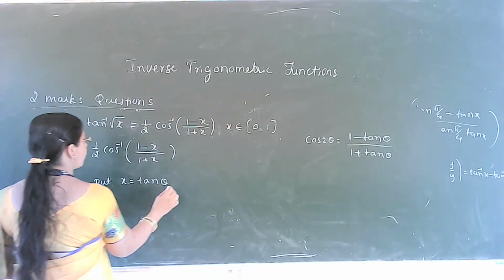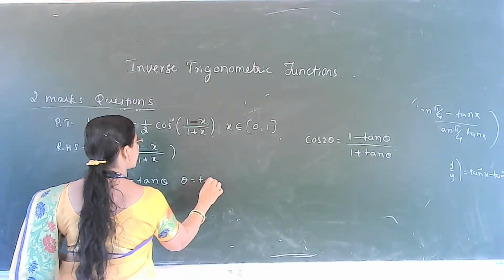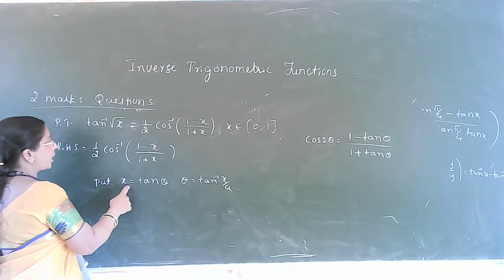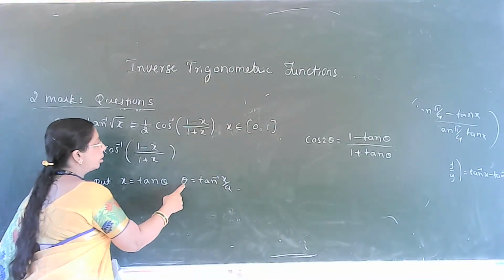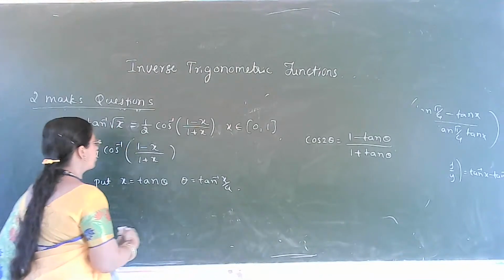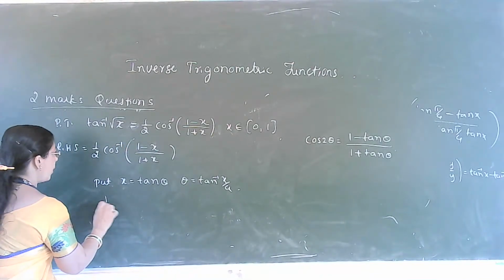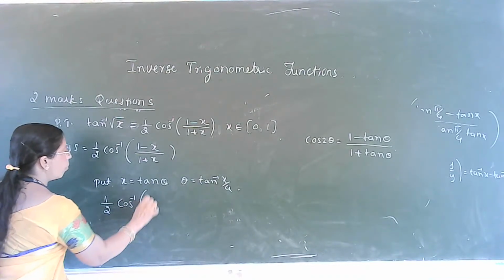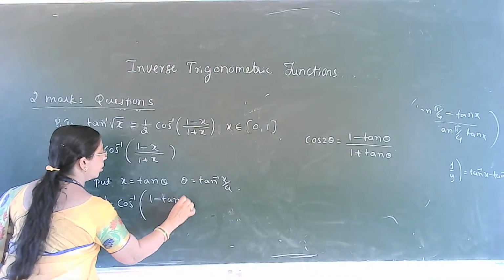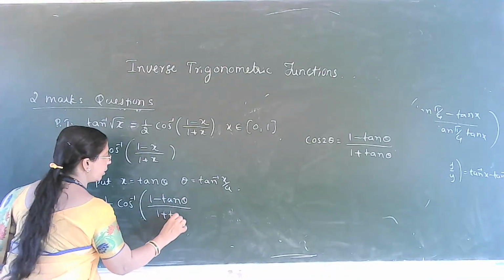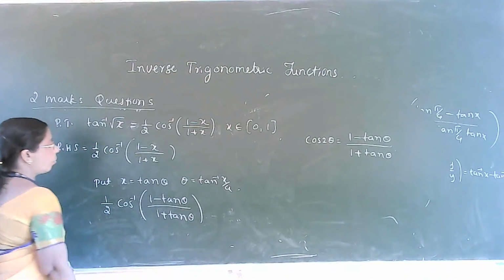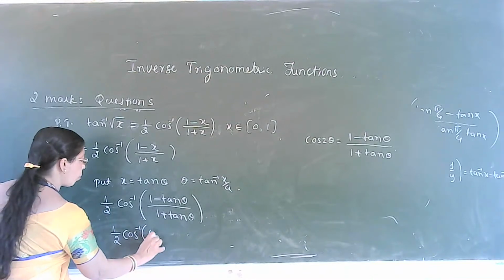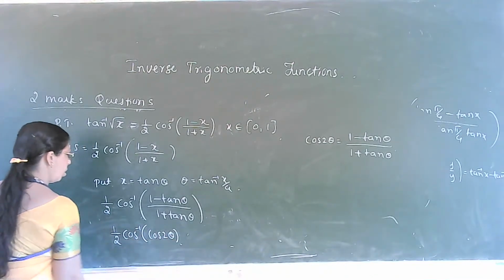Then theta is equal to tan inverse of x by a. Always you write x equal to tan theta, theta in terms of x also. 1 by 2 cos inverse of (1 minus tan theta) divided by (1 plus tan theta), which is equal to 1 by 2 cos inverse of cos 2 theta.